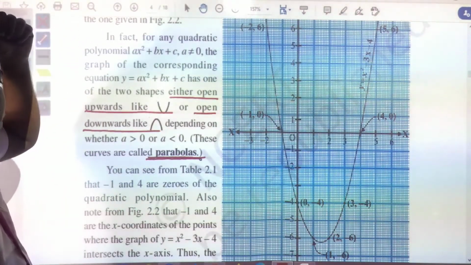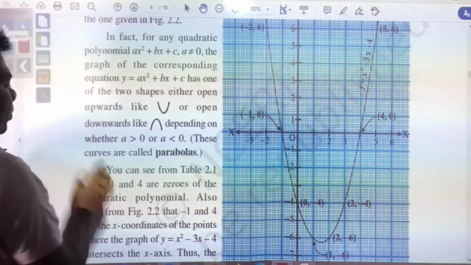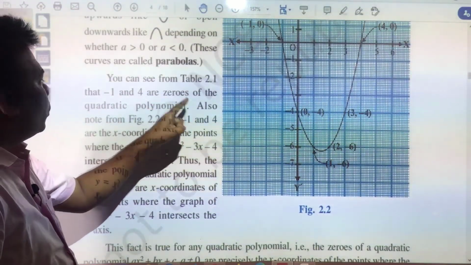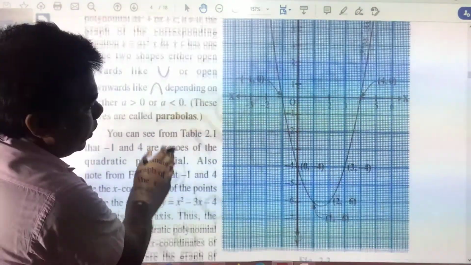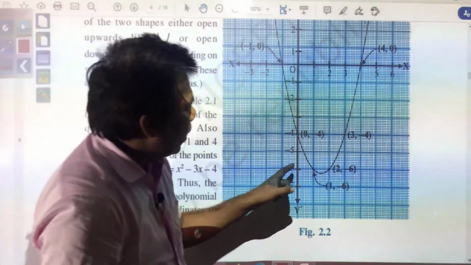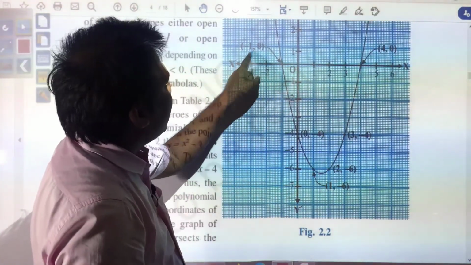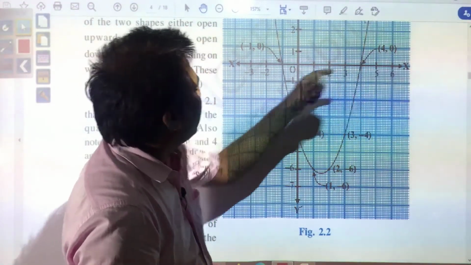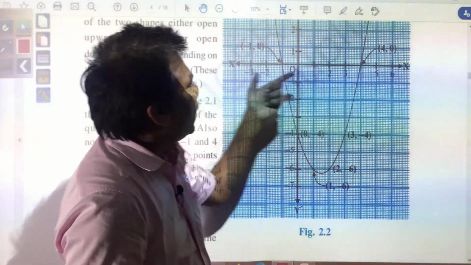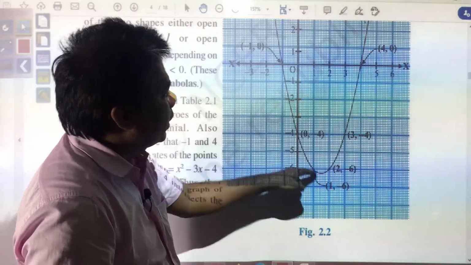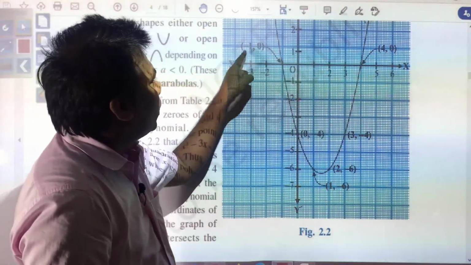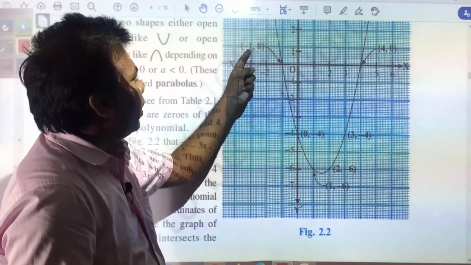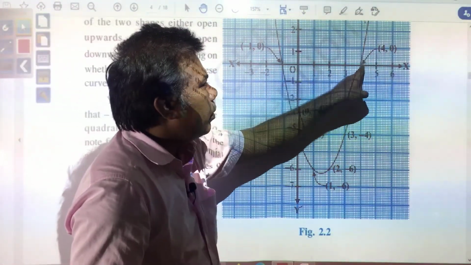You can see from table 2.1 that minus 1 and 4 are zeros of the quadratic polynomial. Here you can see the intersecting points, minus 1 and 4. The x axis is getting intersected by this parabola at points minus 1, 0 and 4, 0. It means you have two zeros, minus 1 and 4.